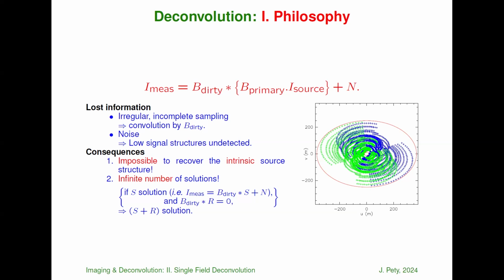So this means that there is an infinite number of solutions, because I can choose whatever value I want for R where I don't have sampling. You have an infinite number of solutions to a convolution equation because you have lost information.